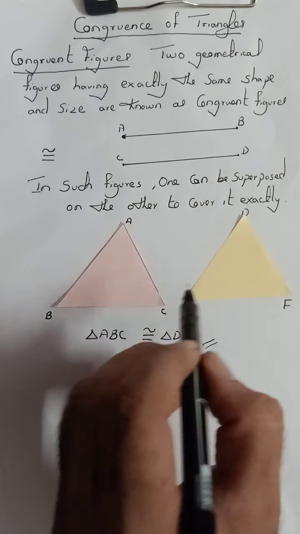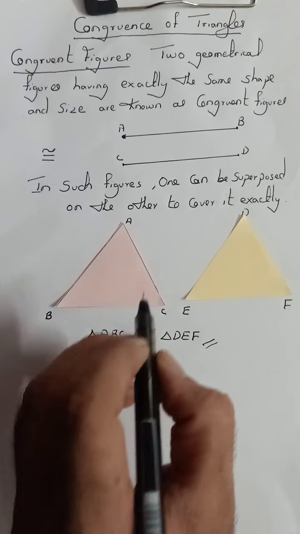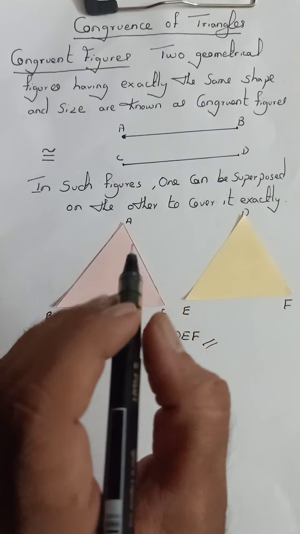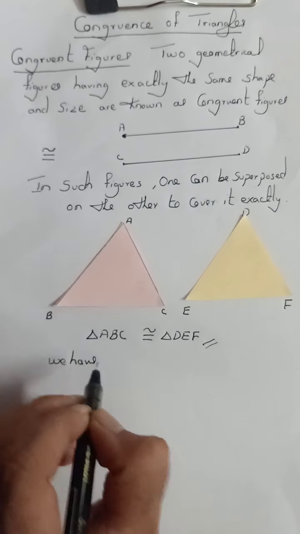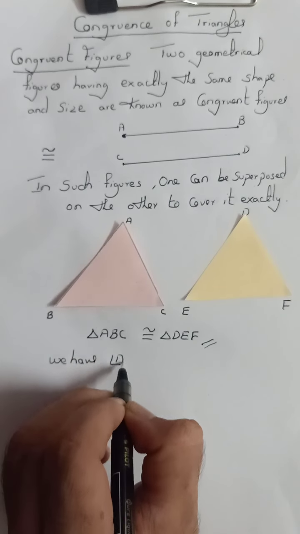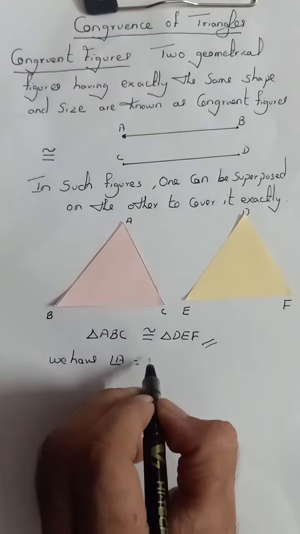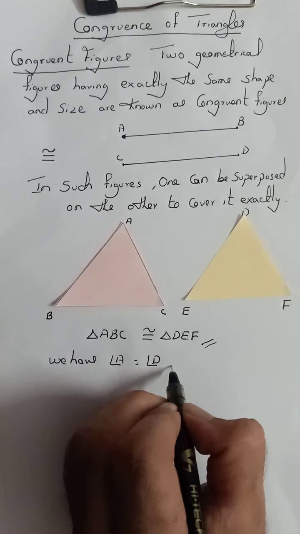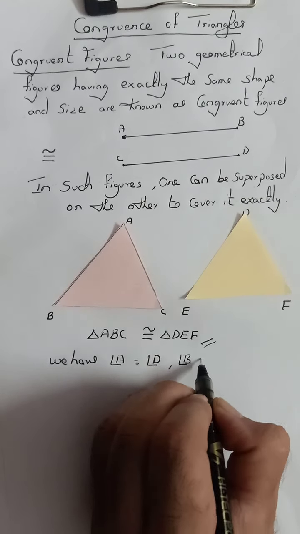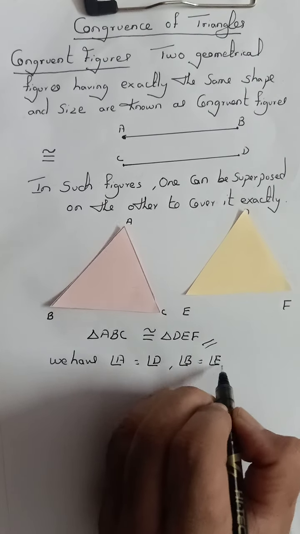Now if these two triangles are congruent, then we have angle A equal to angle D, angle B is equal to angle E, clear?